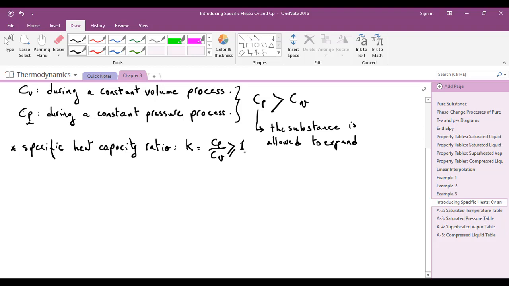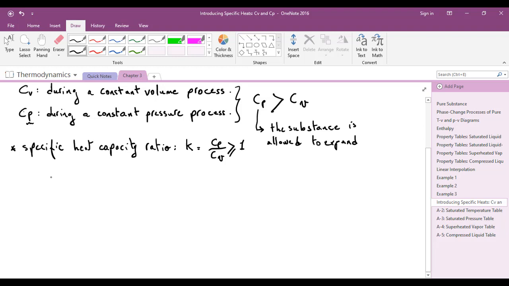It is equal to 1 for an incompressible substance, and we will discuss it later on.